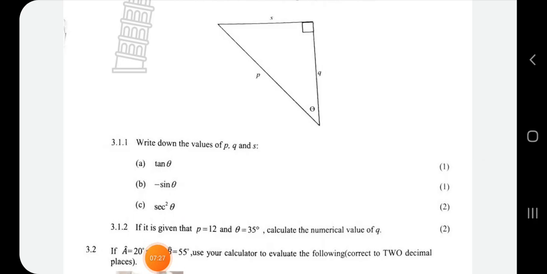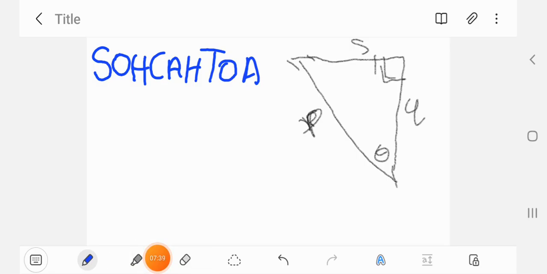So these are the questions: tan theta, negative sine theta, sec squared theta. We have to write down the values of P, Q, and S in this form. Number A, tan theta.